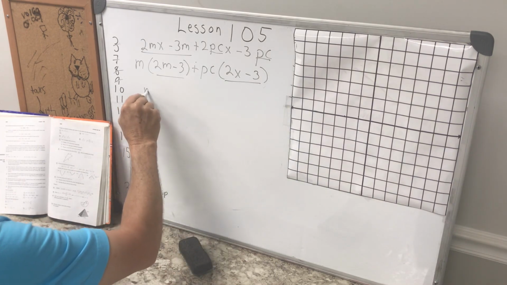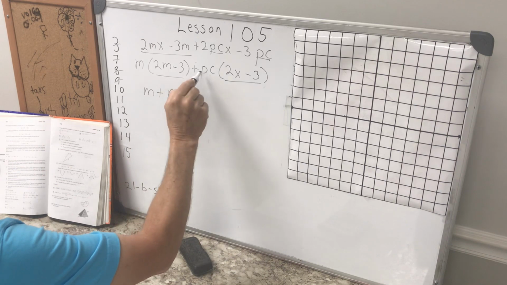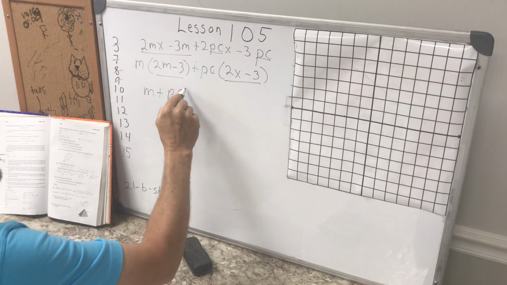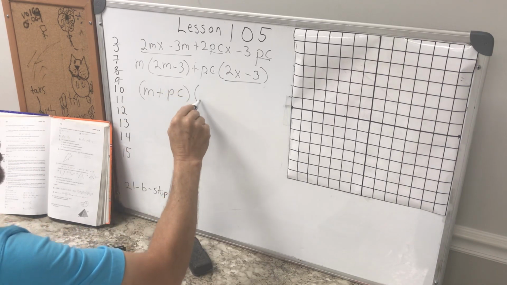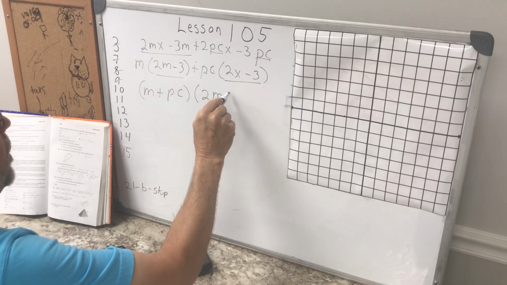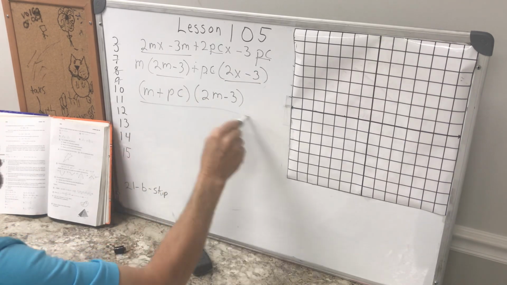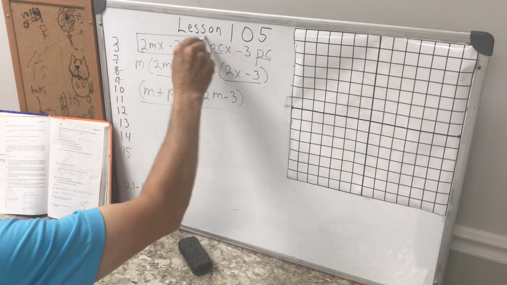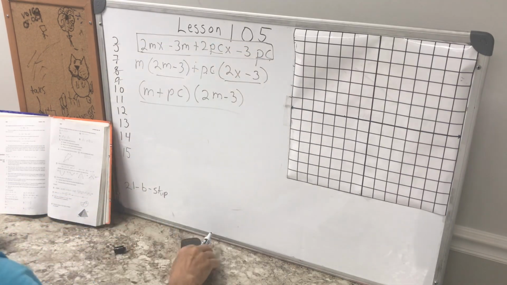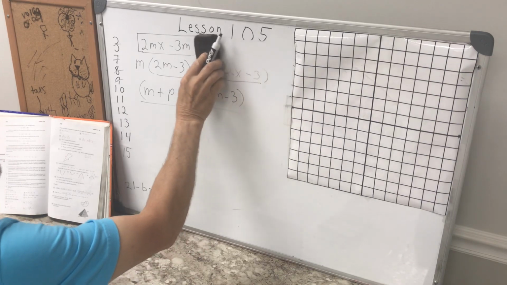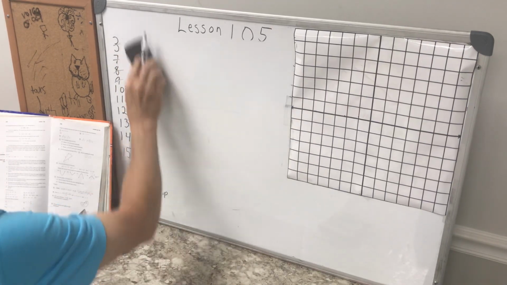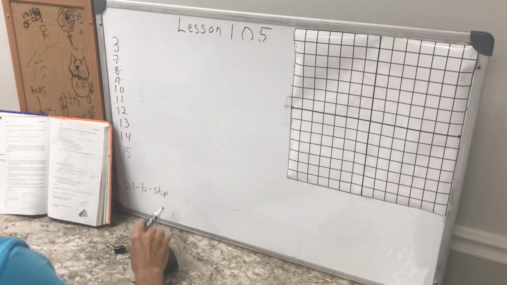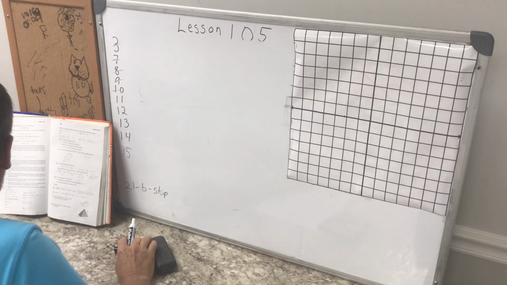So we go m plus pc and 2x negative 3. Multiply these two back times each other, and we come out with the original. That was number 10.